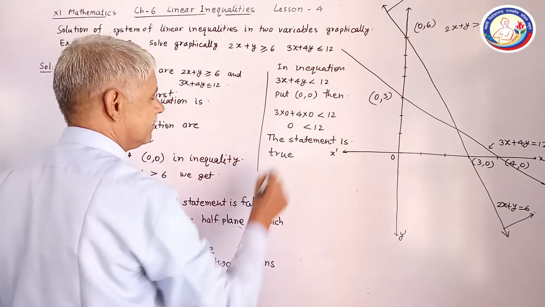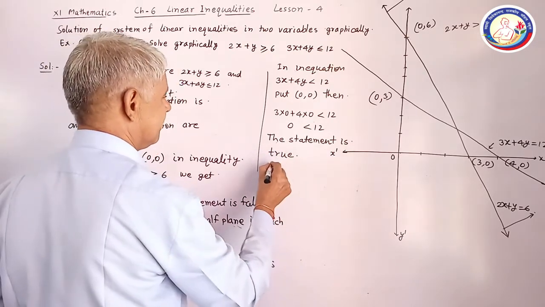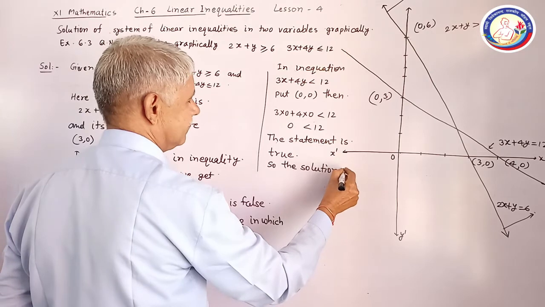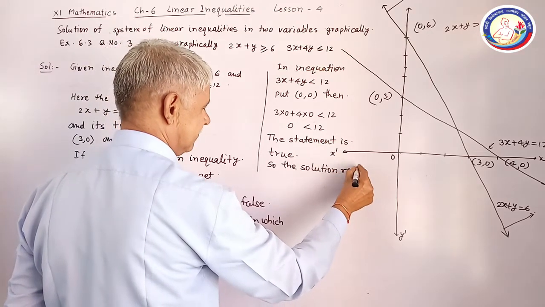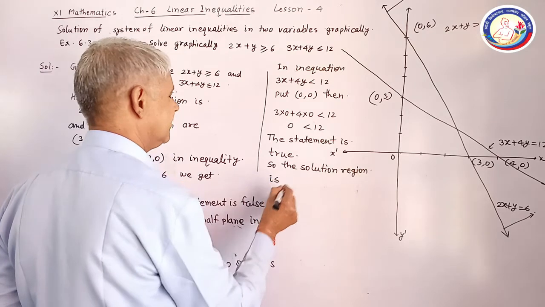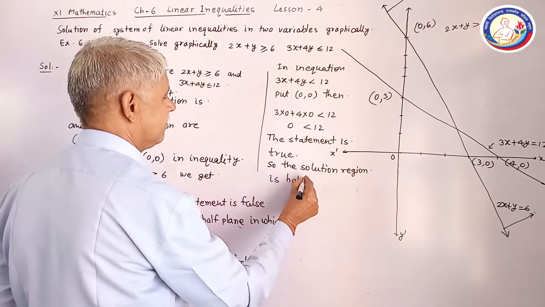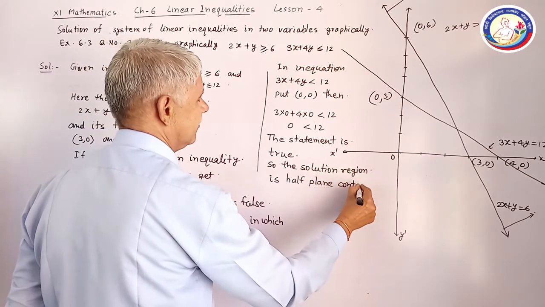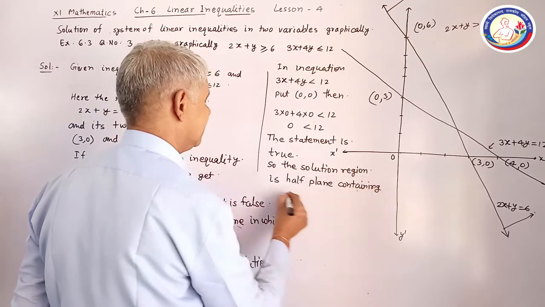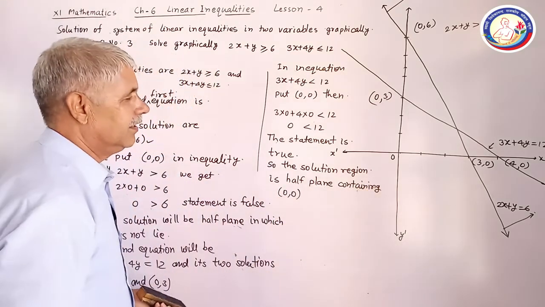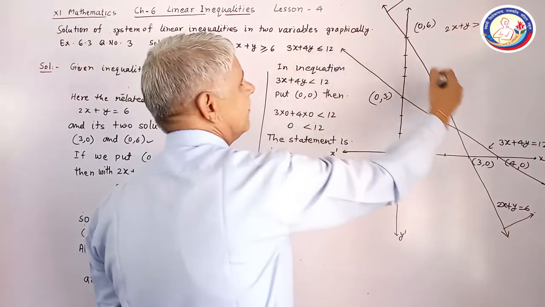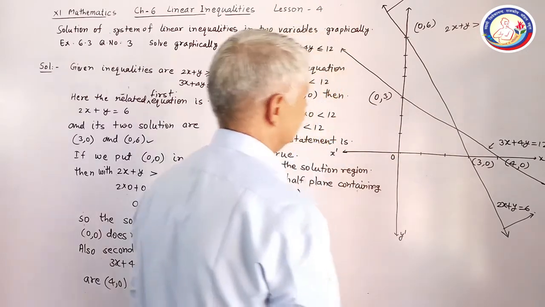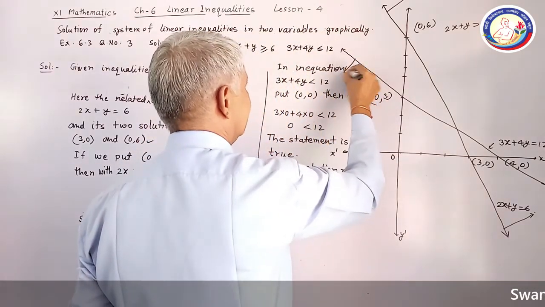True. So the solution will be the half plane containing 0, 0. It means this half plane, the half plane towards the downward side, lower half will be the solution region. Here it will be in this part.